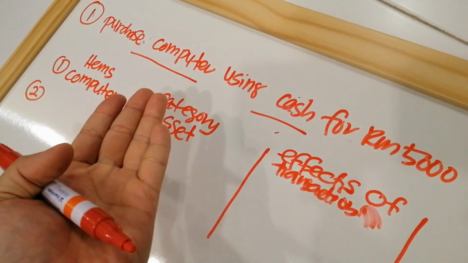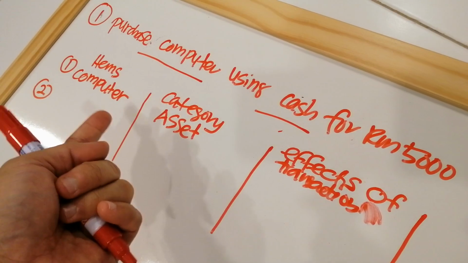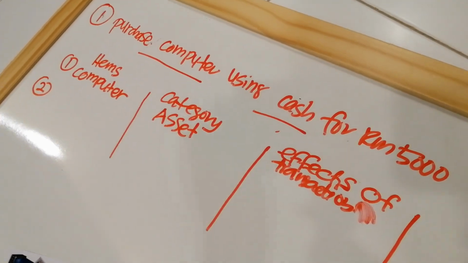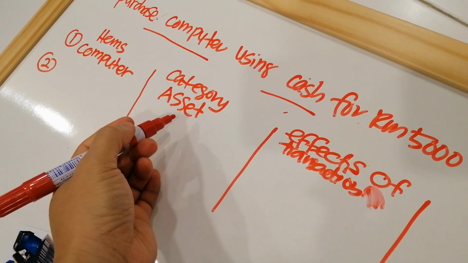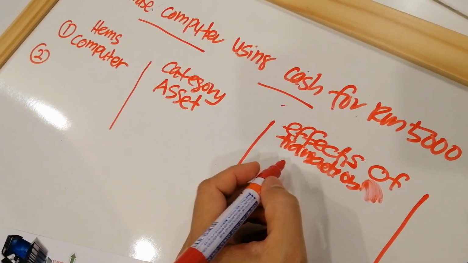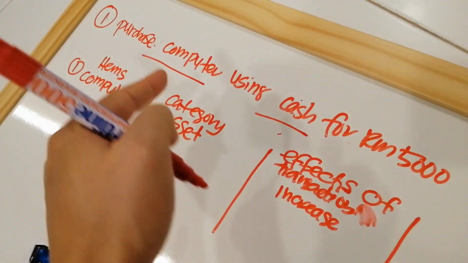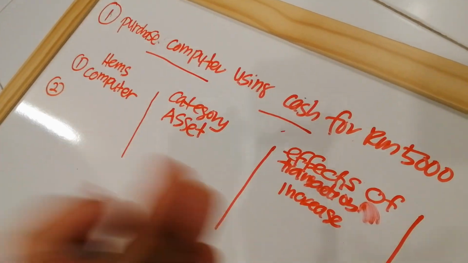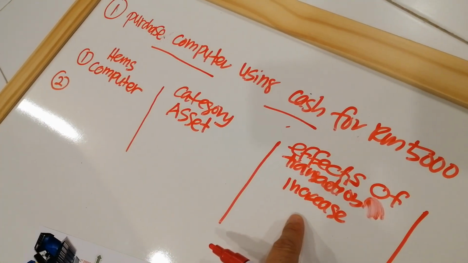Adakah you beli computer, computer you bertambah, asset you bertambah ke berkurang? Definitely, you have a new computer and computer under asset, so your asset will increase. Yours means business. So your business asset will increase.